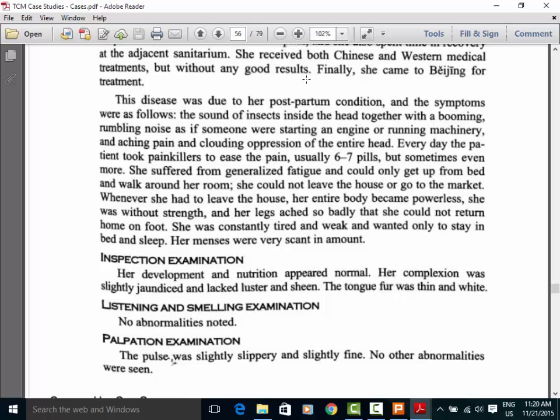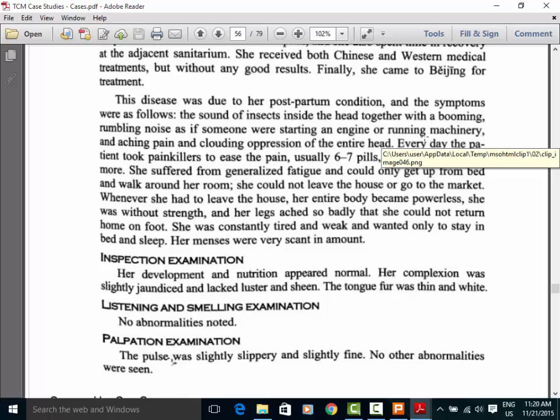Aching legs, and how did they describe clouding oppression of the entire head? To me, this sounds like some form of damp obstruction, which would be rooted in the spleen deficiency. As opposed to having significant blood deficiency like the last case, here we probably have some damp accumulation present, and a slippery pulse, unlike the last case.